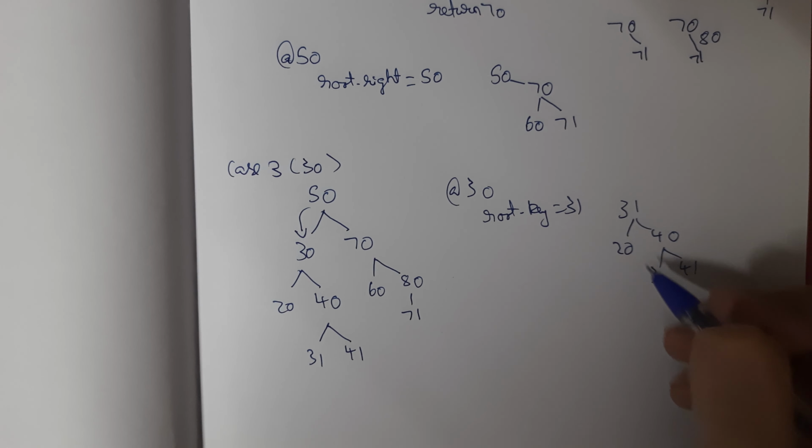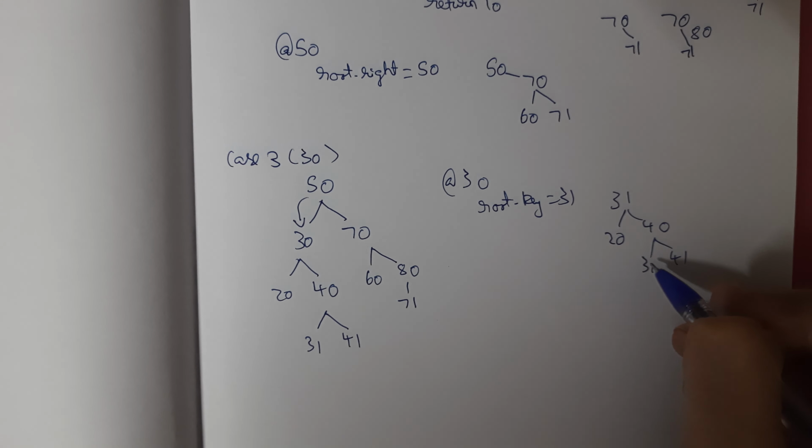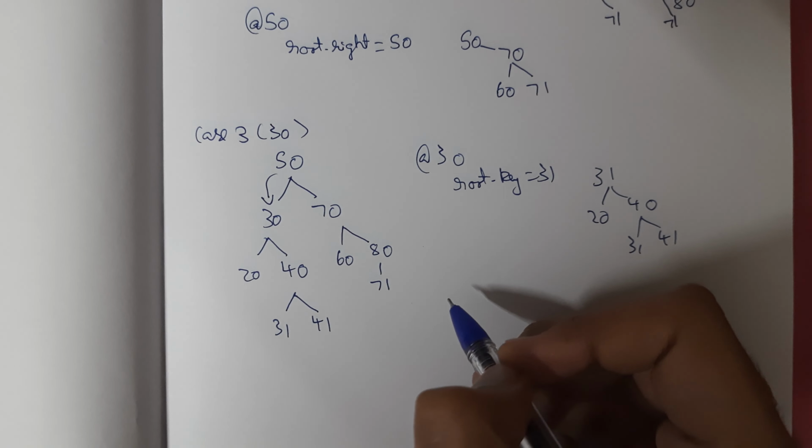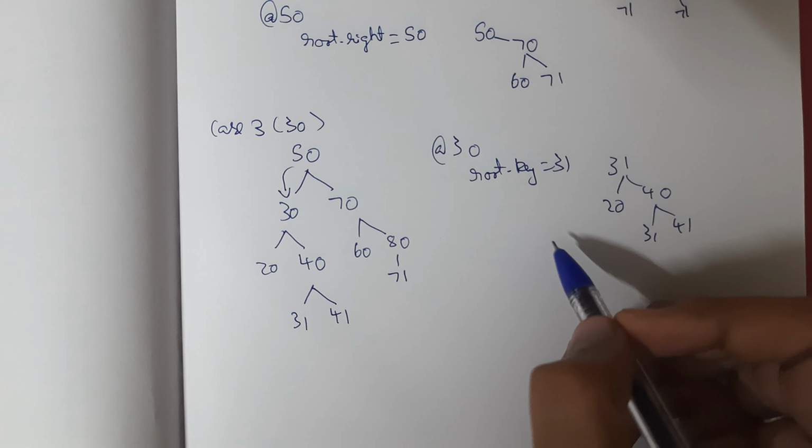Since we however have two values over here, we need to delete this 31 present here. So we again call the same recursive function and go down the same path.